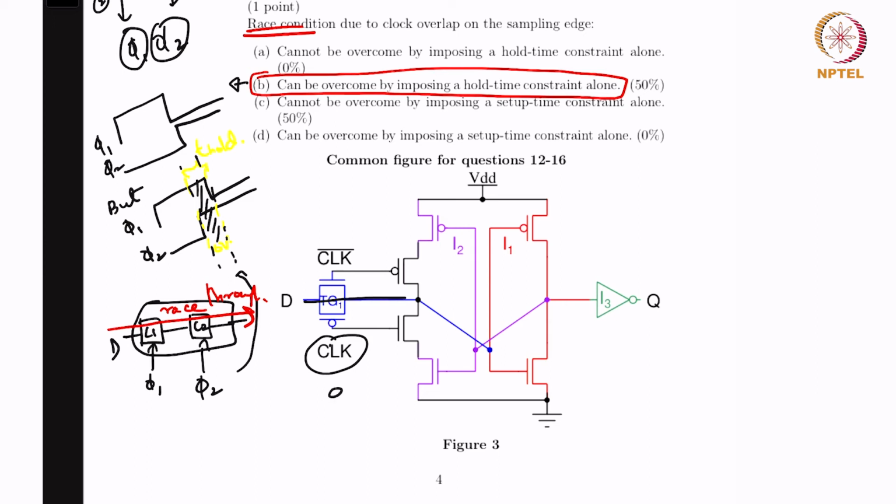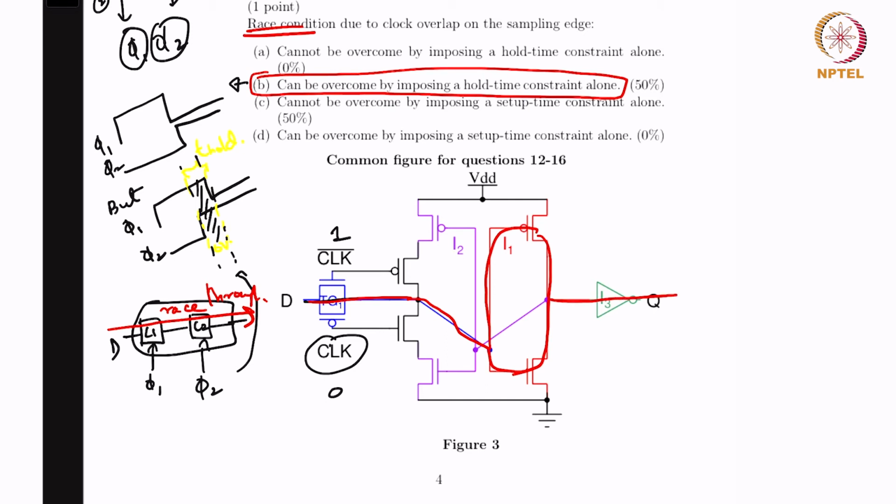Basically when clock is equal to 0, this TG is enabled and data flows all the way this way. This is how data flow happens, right?